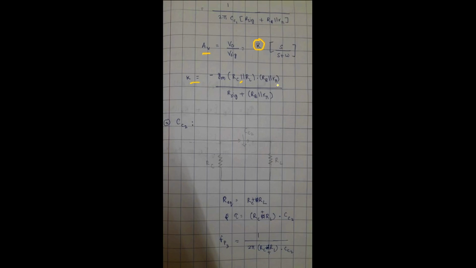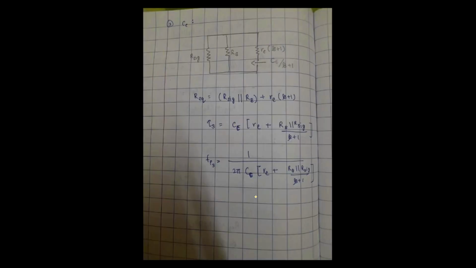Now that we found it with CC1, when we do the same thing with CC2, we have RC and RL both in series. So that becomes my equivalent resistance. So I find tau with RC plus RL into CC2, and again my frequency is just 1 divided by 2 pi into the time constant.